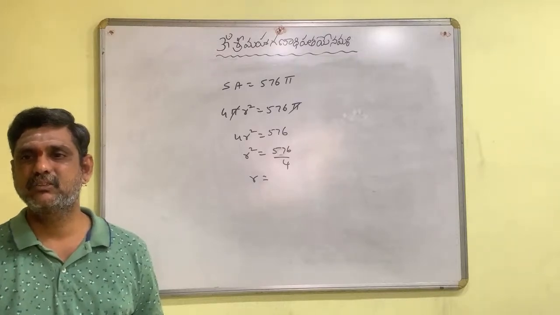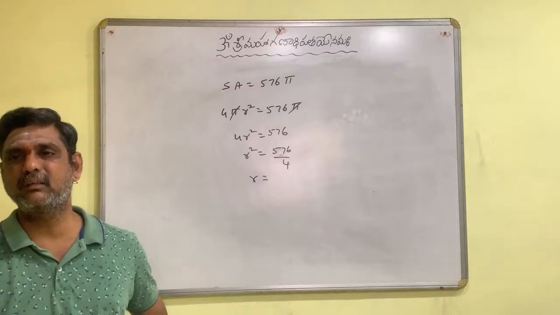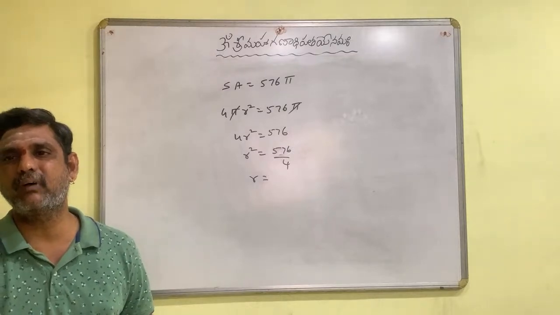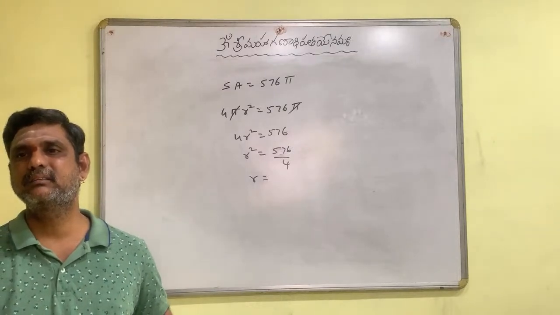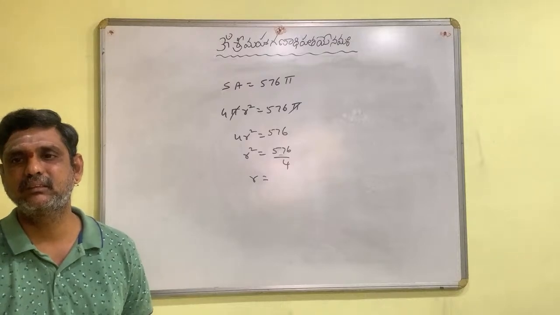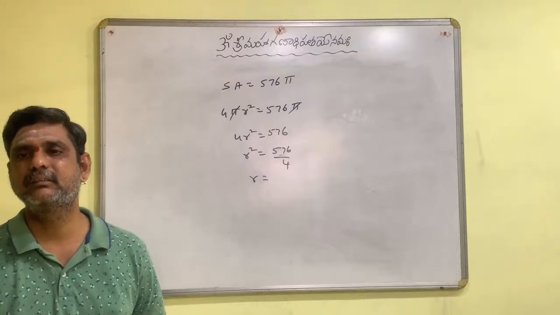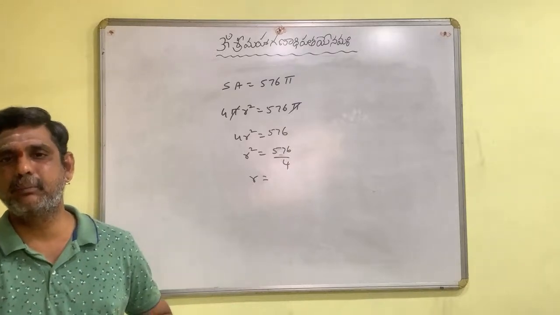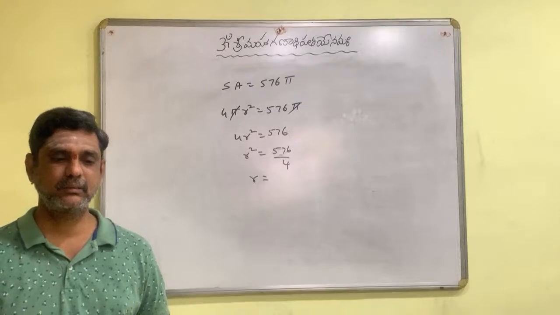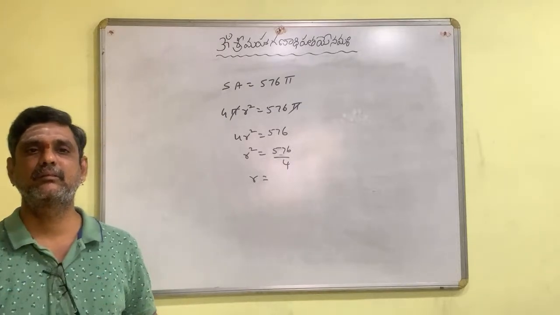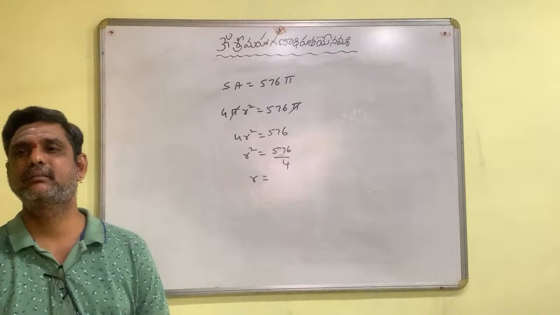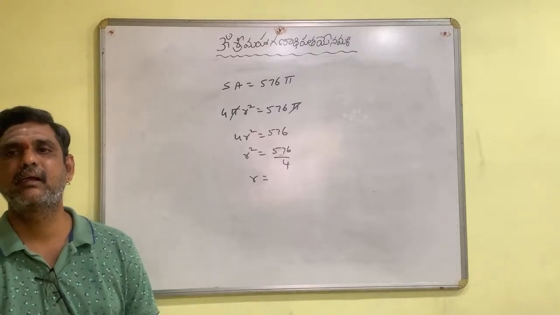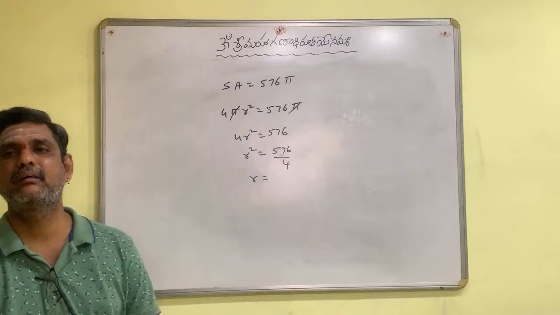Sahasra, Srujay, Tejal, Mohammed, Roshita. 1, 2, 3, 4, 5, 6, 7 I got. 8. So 8 people are there in the class. 9, 10, 11, 12.